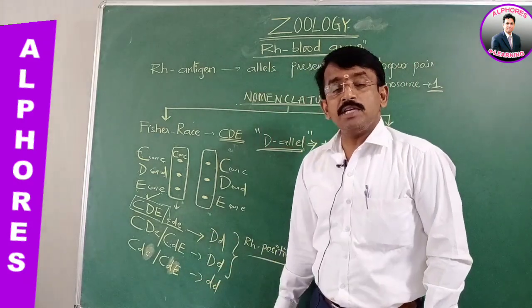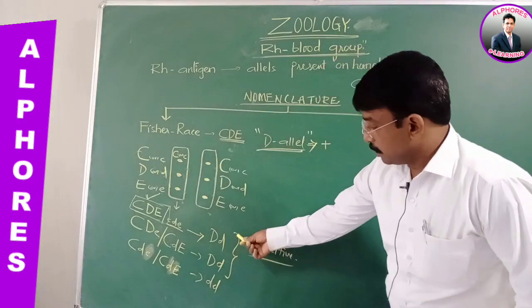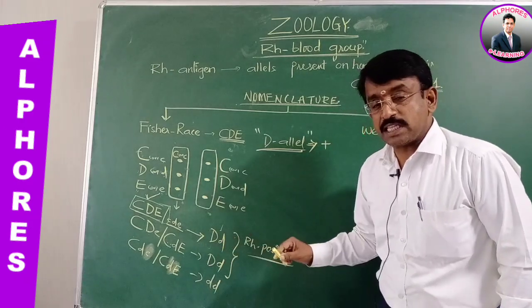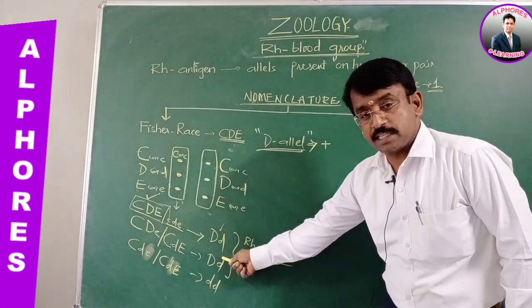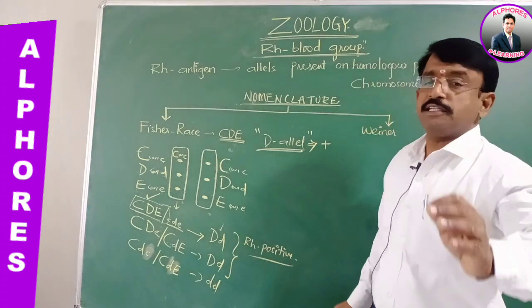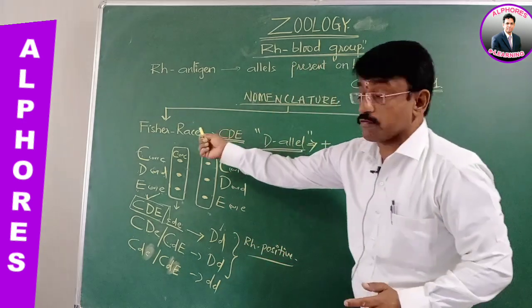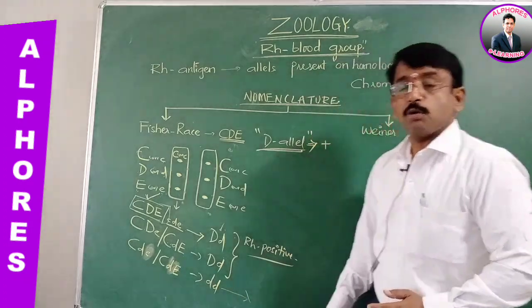Why? A dominant can be homozygous dominant or heterozygous dominant. Look at here, in these two individuals the pair of chromosomes has capital D. So presence of capital D determines an individual as Rh positive according to Fisher and Race, and the double recessive is what is called Rh negative.